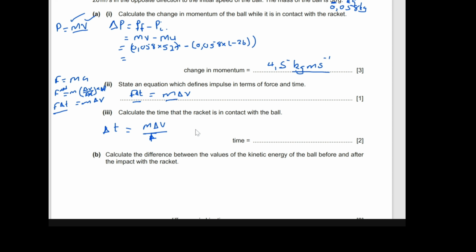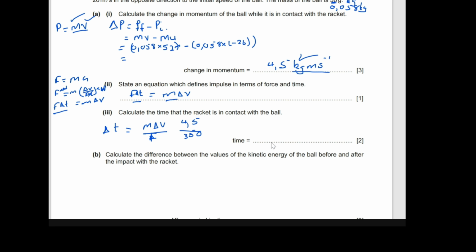So if I substitute there, remember I got the momentum, which is the mv here. Change in momentum was 4.5. So I'm going to say 4.5 divided by the force. The force I was given. There it is. The force in contact with the racket was said to be 350 newtons.